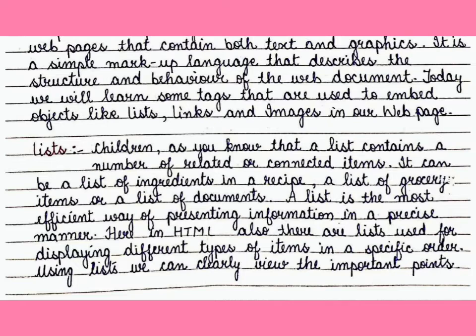It can be a list of ingredients in a recipe, a list of grocery items, or a list of documents. A list is the most efficient way of presenting information in a precise manner.